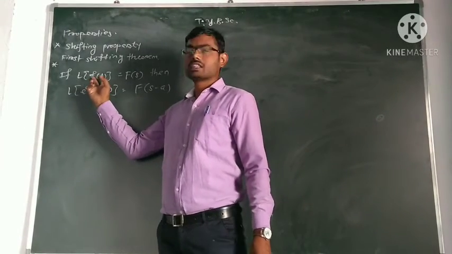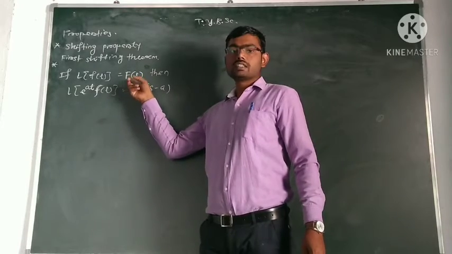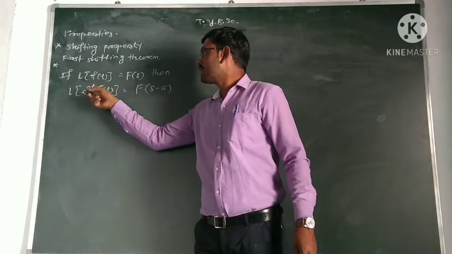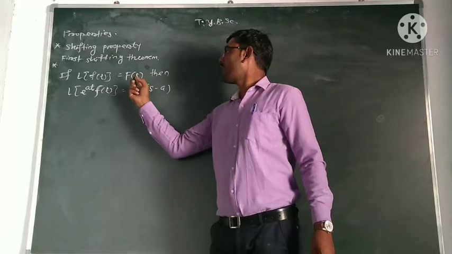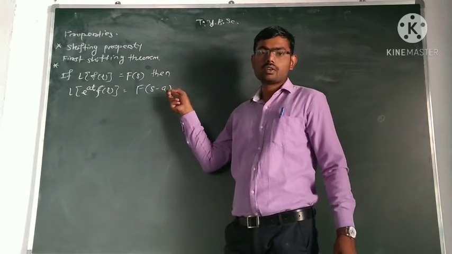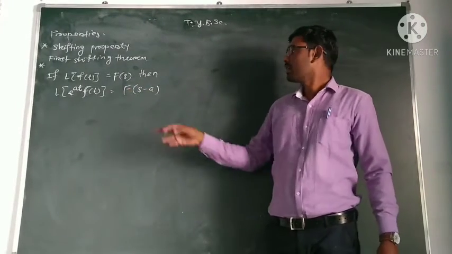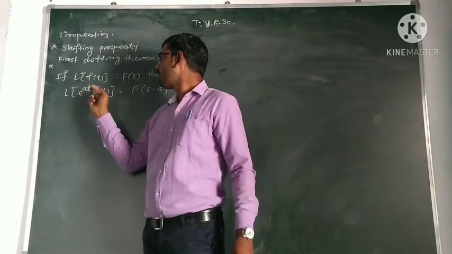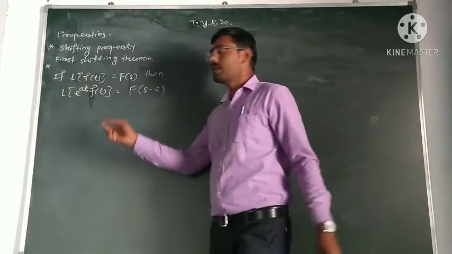If you multiply a function by e raised to power at, and our function after Laplace transformation is F of s, then after multiplication with e raised to at, we get F of s minus a. So s is shifted to s minus a. This is the first shifting theorem. We will prove this theorem.